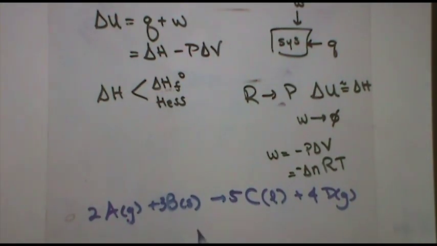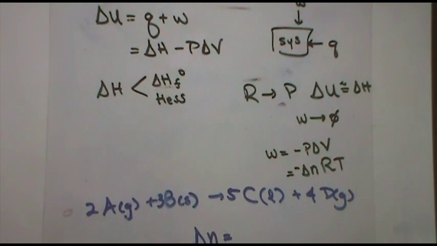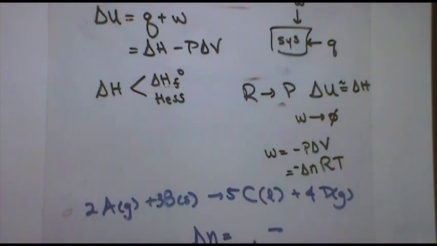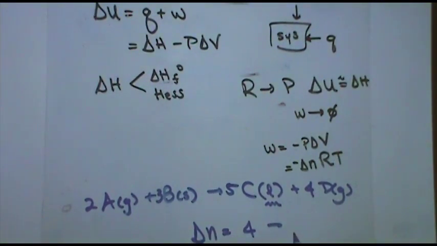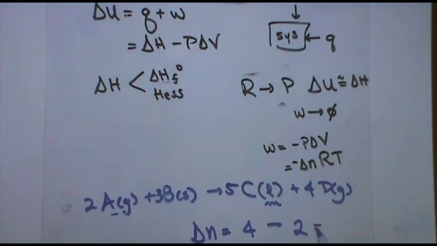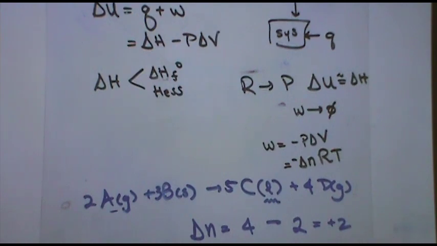Okay, so delta N would equal, what's the first term and then minus the second term? What's the first? 9 minus... not 9. 4. You don't count liquids. That's not a gas. You can't go in the ideal gas law. 4 minus 2, because that's the only gas over here. 4 minus 2, so that'd be positive 2.